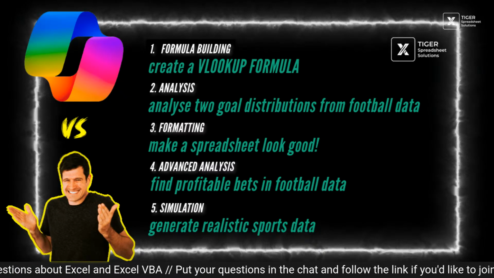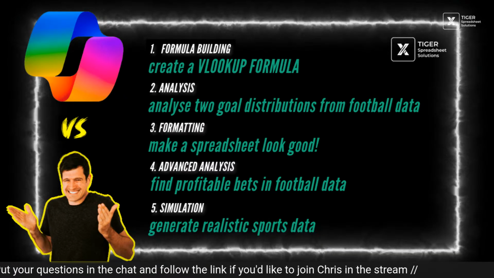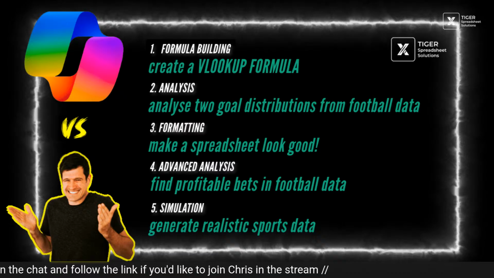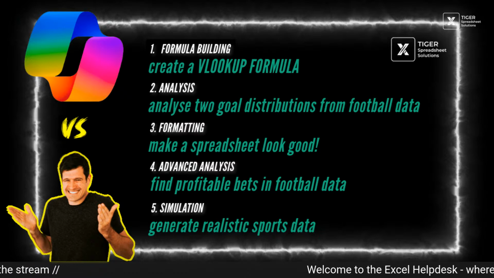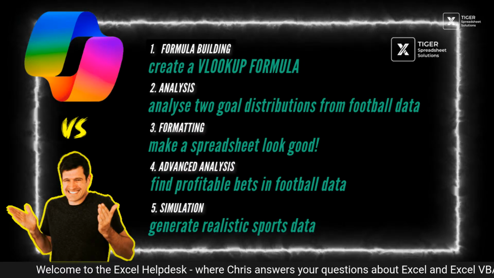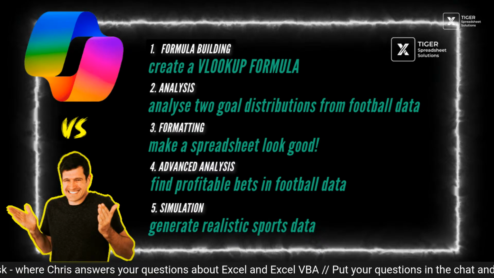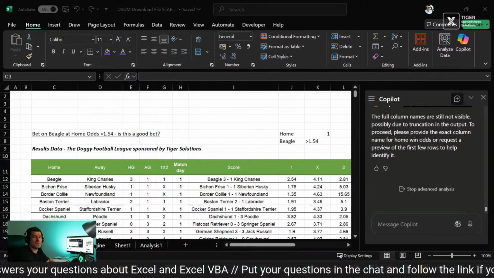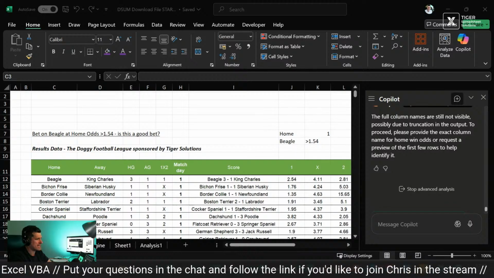With the analysis formatting, Copilot wouldn't do much. It would make small changes, and it took a lot of chivvying along to make those changes. With the advanced analysis, finding profitable bets, I didn't have a great experience then with what Copilot was trying to do, but I know Copilot can do this kind of thing. We didn't get on to number 5, which is simulation to generate realistic sports data. This is something I've done many times over the years. It does take a bit of time, and I'm sure Copilot would be good at that too.